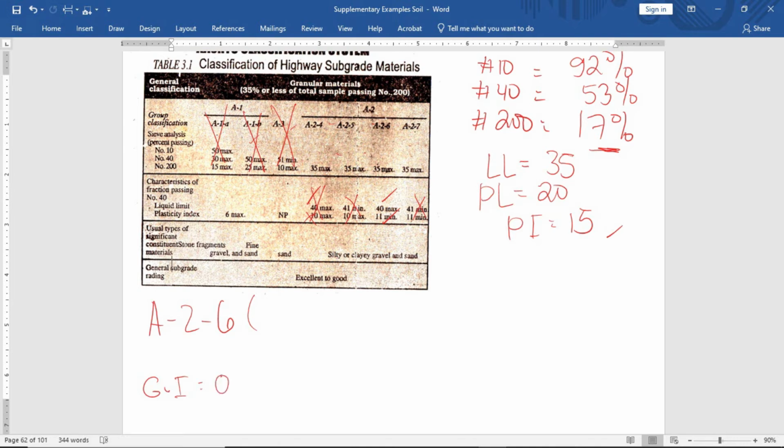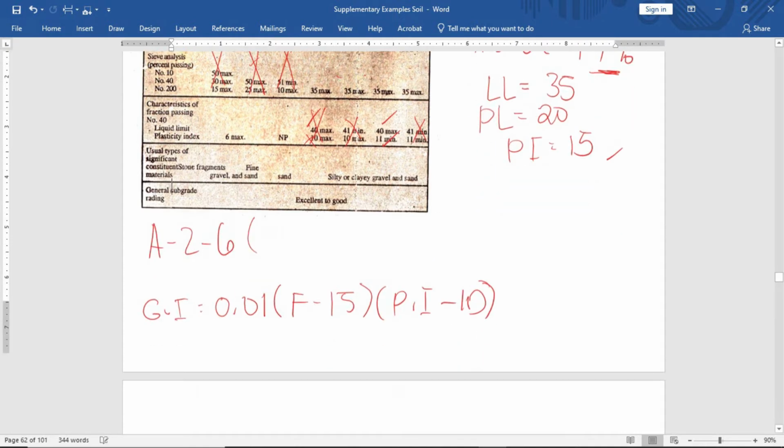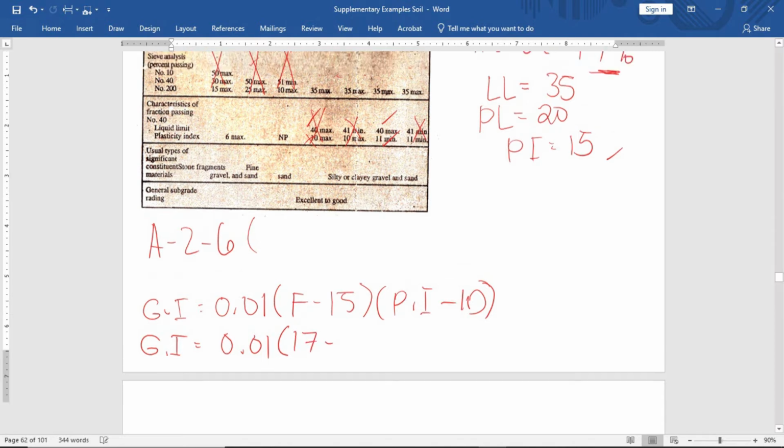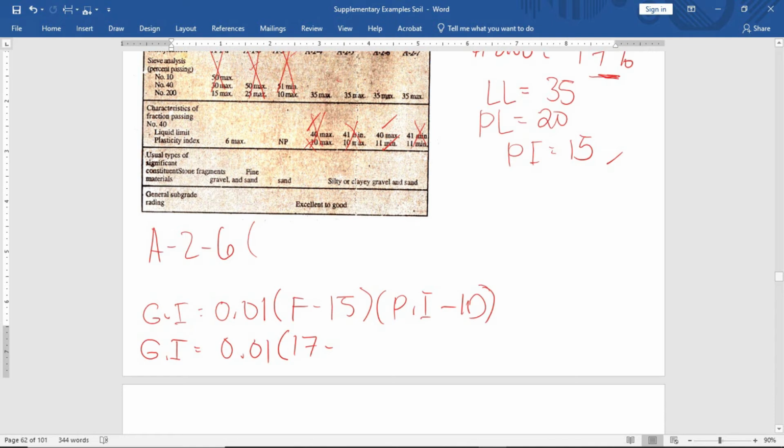So, 0.01 times F minus 15 times PI minus 10. So, GI natin is 0.01 times percent finer is 17. 17 nga ba? So, 17 nga, minus 15.